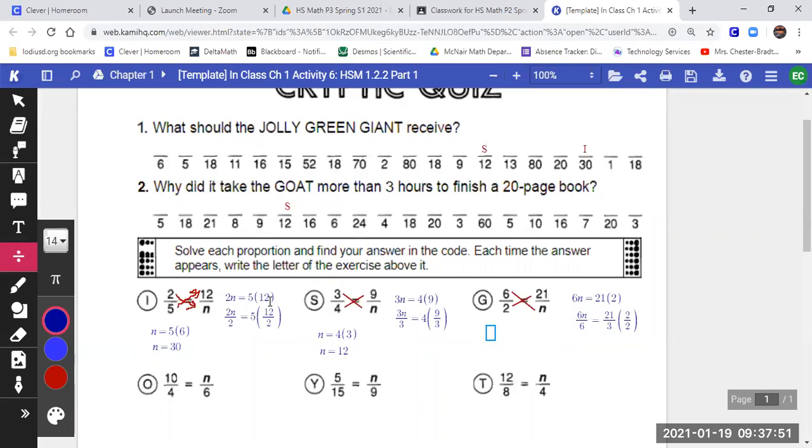What's left on the inside? What's going to be left if I divide 6n by 6?